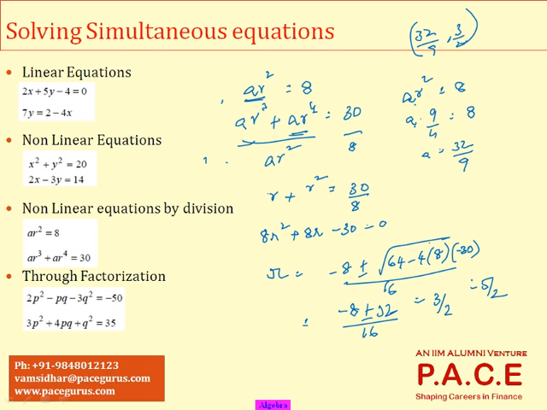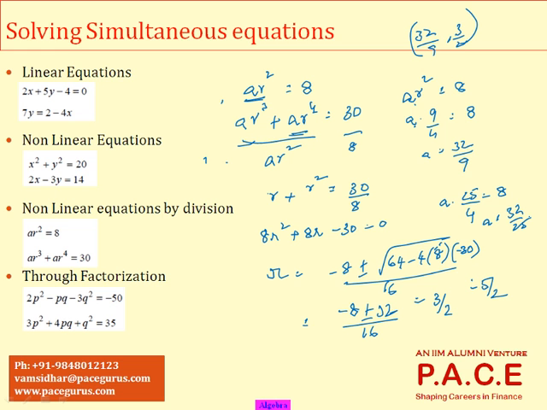And the other one is, if I take r equal to minus 5 by 2, a into minus 5 by 2 whole square, 25 by 4 is equal to 8. So a becomes 32 by 25. 32 by 25 comma minus 5 by 2 is also one more solution for this case.